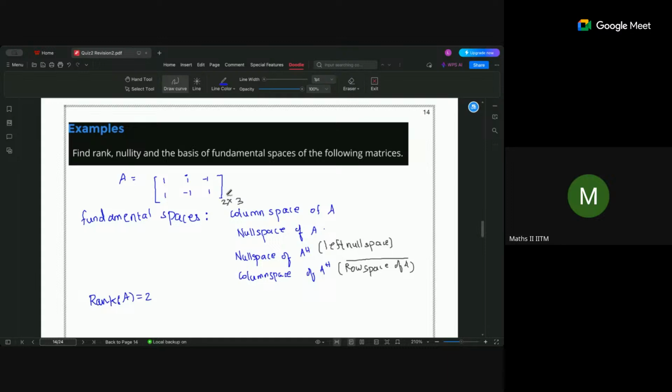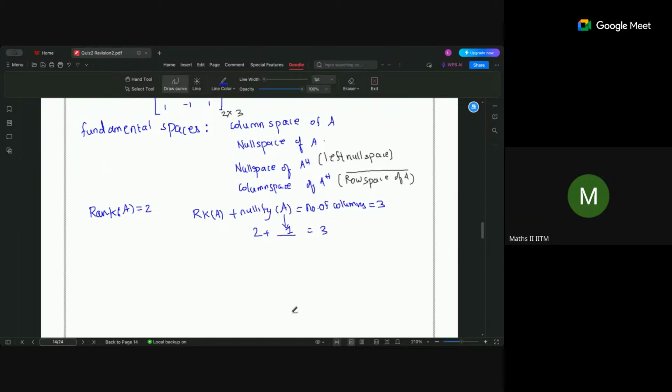So you have rank 2, which means the column space of A or the row space should have two linearly independent vectors. Now according to the rank-nullity theorem, rank of A plus nullity of A should be equal to the number of columns. What is the number of columns here? 3. So you have 2 plus something equal to 3, which means your nullity of A is 1.